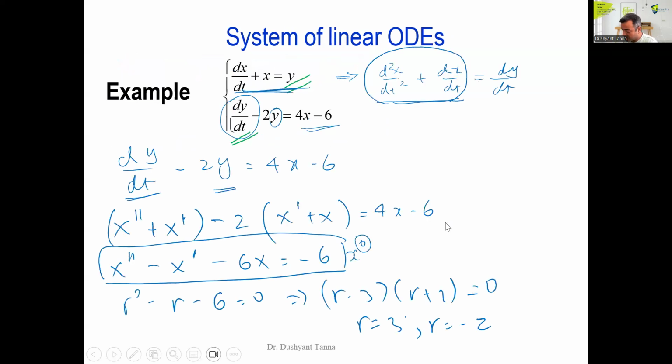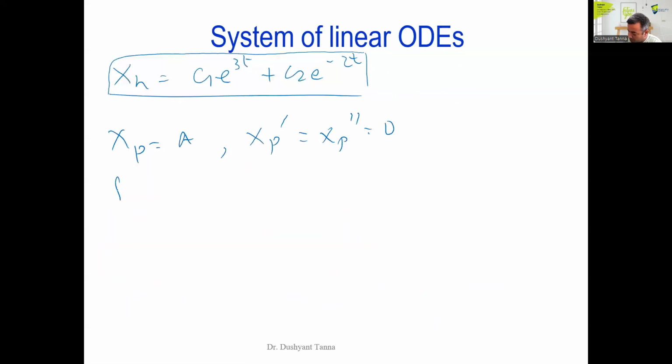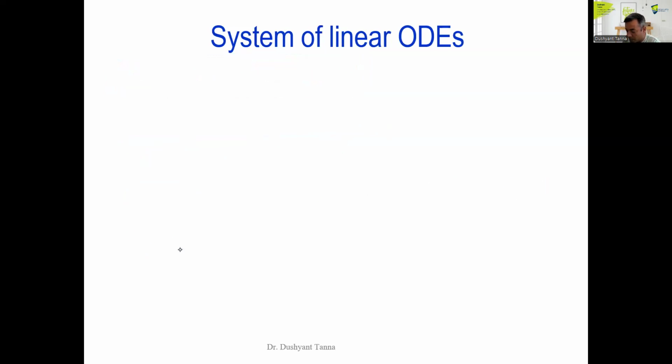We plug into this equation here. I call it equation number 3 because I call this 1 and 2. So from 3, 0 minus 0 minus 6a is minus 6, which gives my a is 1, and therefore my xp is 1.